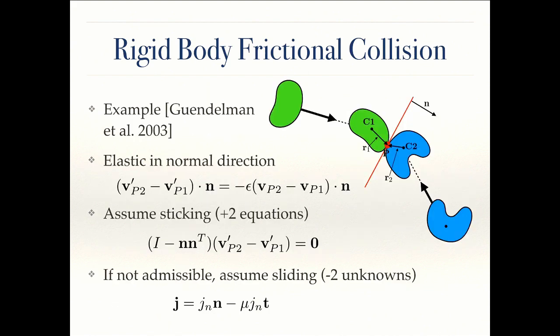So an example of how to handle friction in this framework is from this paper. This is our elastic equation for the motion in the normal direction, an elastic bounce. So we might solve this first by assuming that we're sticking. So we'll add these two other equations and solve and see what kind of impulse we get. And in particular, we'll check if the impulse we get from this assumption satisfies the Coulomb friction cone.